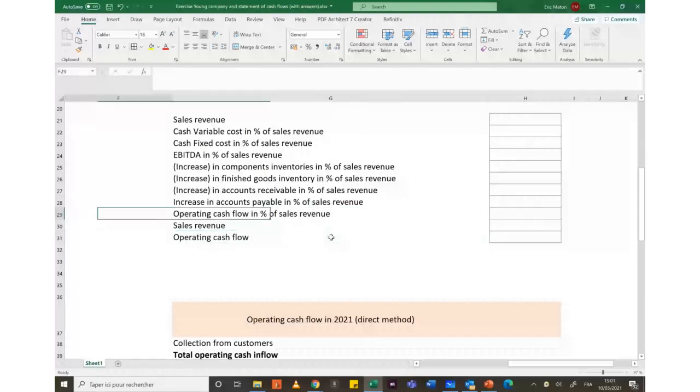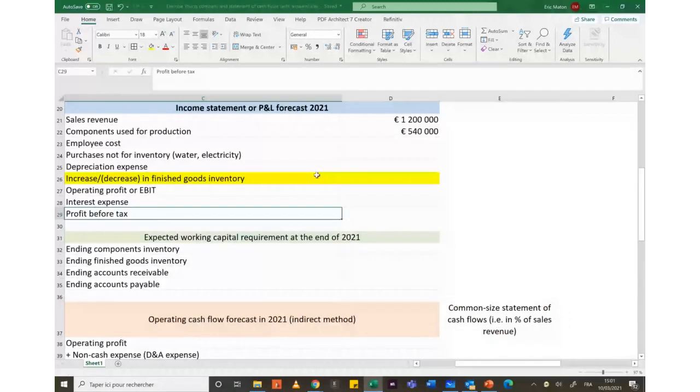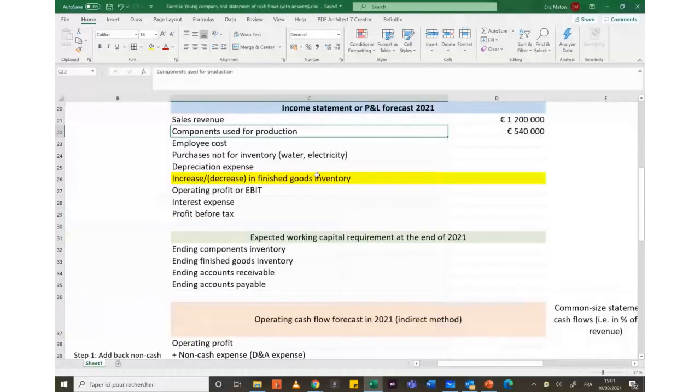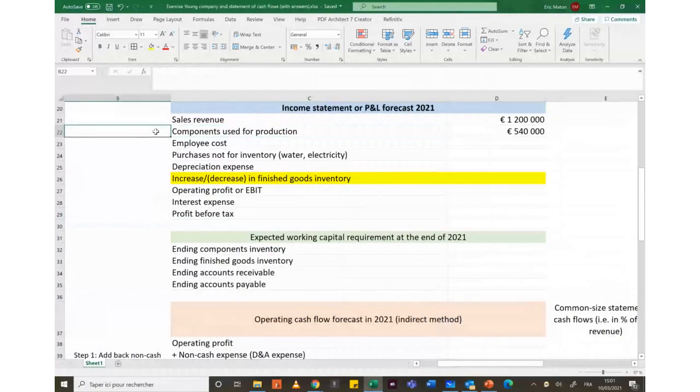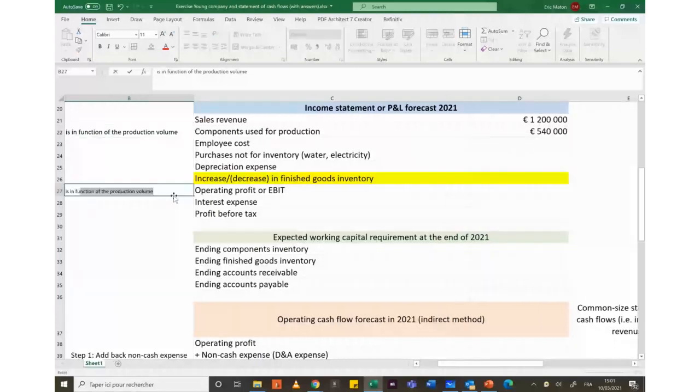So I continue. Don't forget, the components used for production are in function of the production volume. But in your P&L, what you want is not in function of the production volume. What you want is in function of the sales volume. The operating profit is in function of the sales volume.